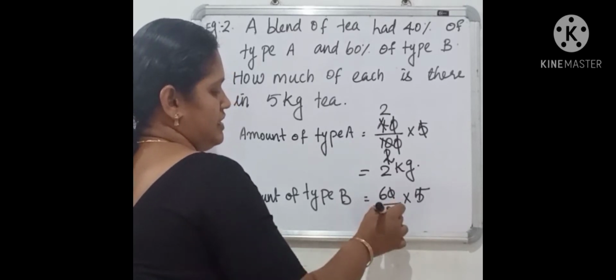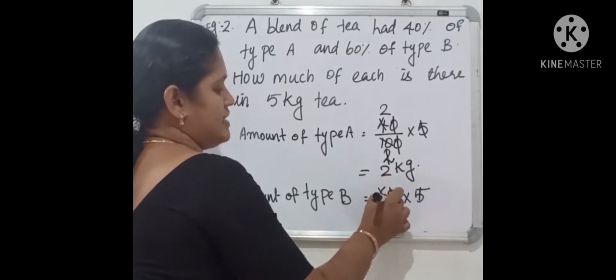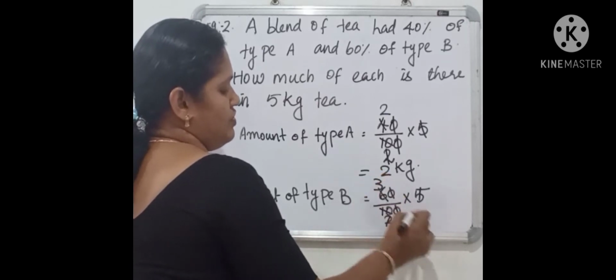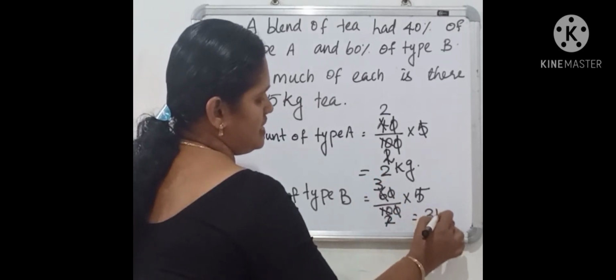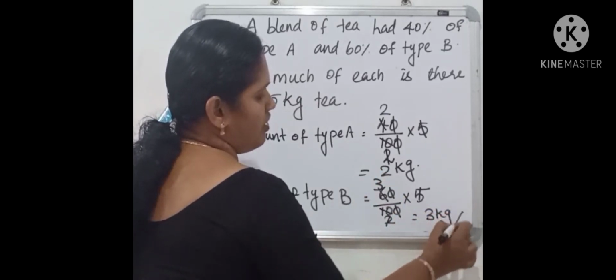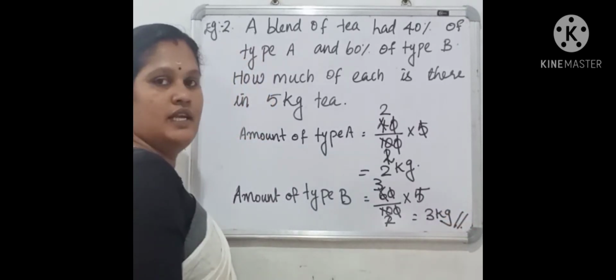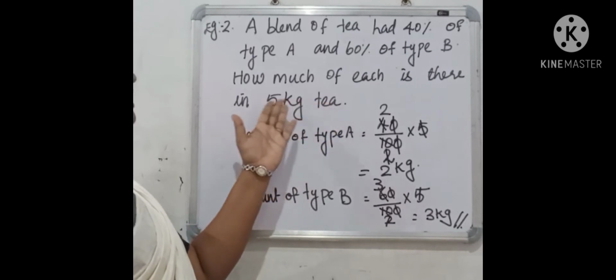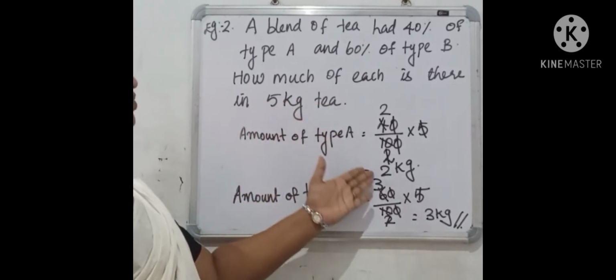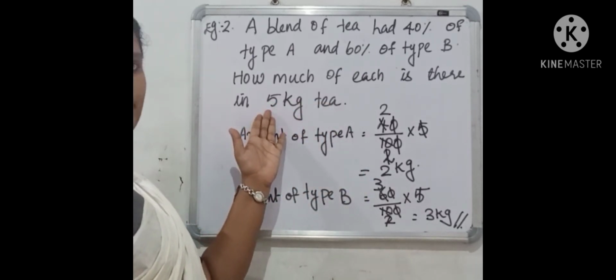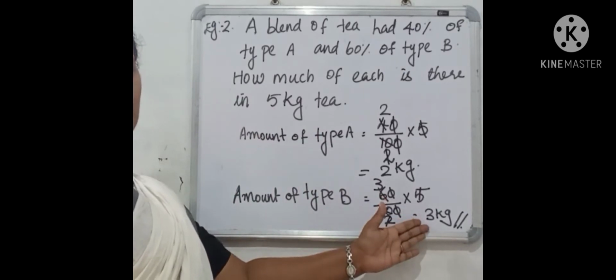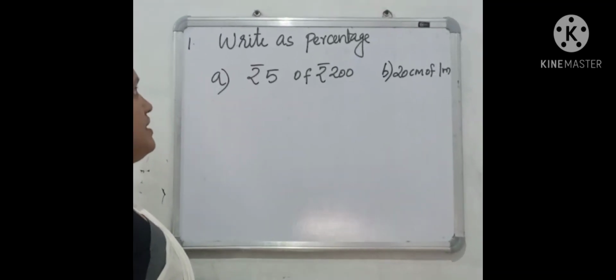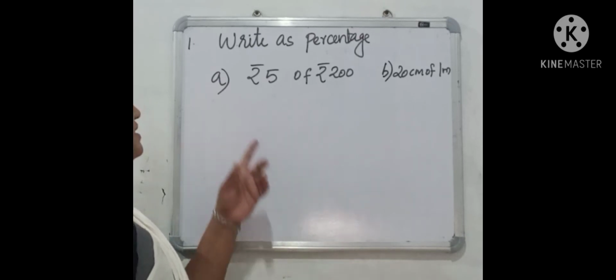Cut this 2 and 6, 3 times. So 3 kg is type B. In total how much? 5 kilogram tea. In this, type A 2 kilogram and type B 3 kilogram. Total 5 kilogram.